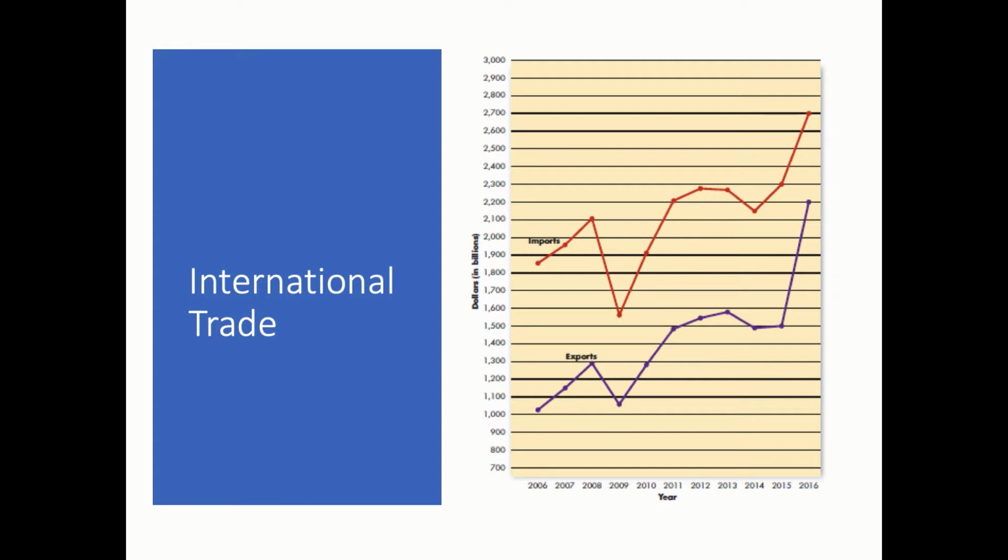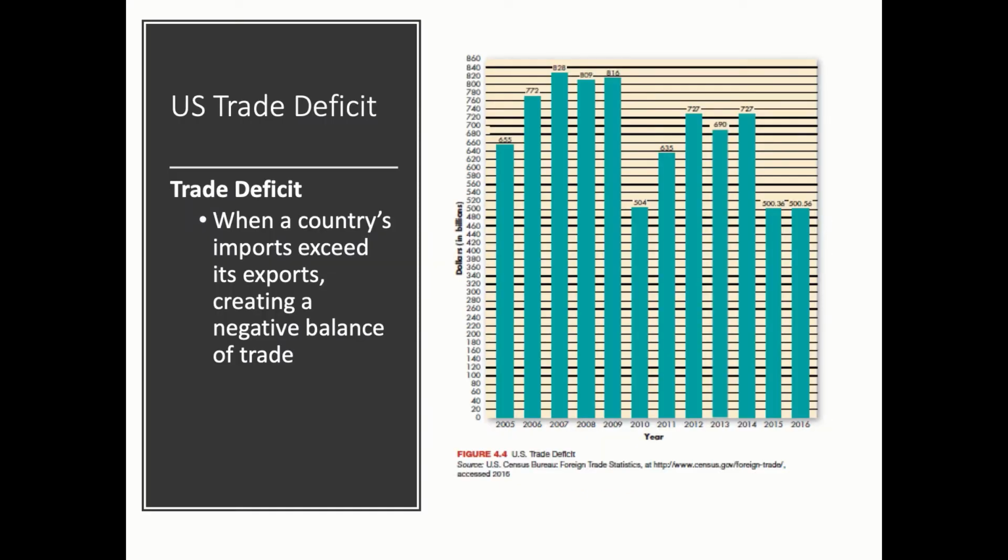The idea here of this chart is clearly what? We have more imports than exports in every year for those 10 years in this chart. And quite frankly, even before then, the level of imports has always been higher than the level of exports, at least expressed in terms of billions of dollars, the dollar value of the products and services imported or exported. And this is what we mean when we talk about trade balance.